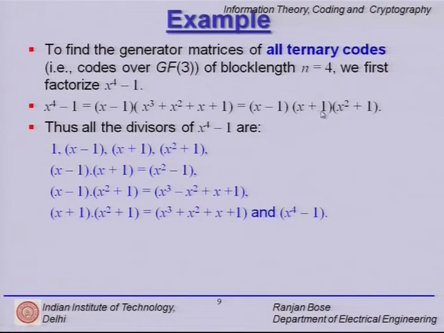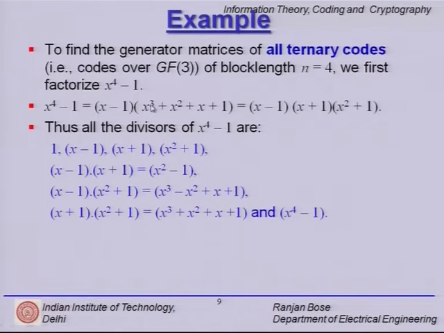So, this x plus 1 is also equal to x minus 2. So, we have to substitute 2 here at x and see whether you get a 0, and if you substitute 2 here, you can check that yes, x equal to 2 is a factor here, and consequently x plus 1 turns out to be one of the factors of x raised to the 4 minus 1.